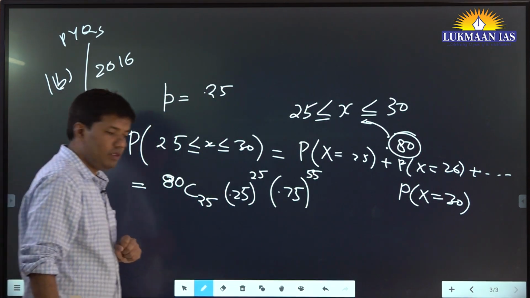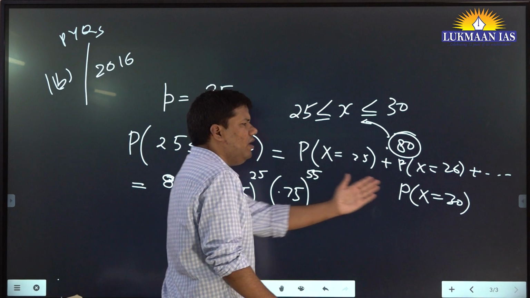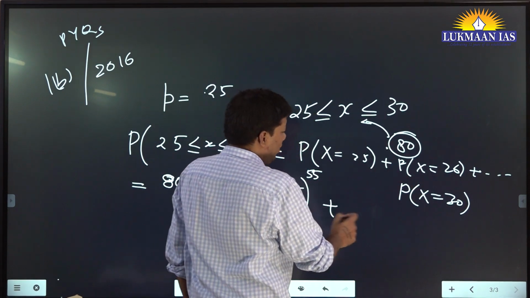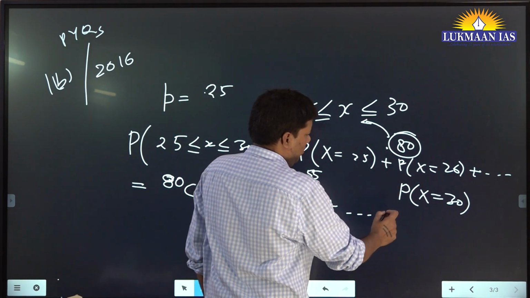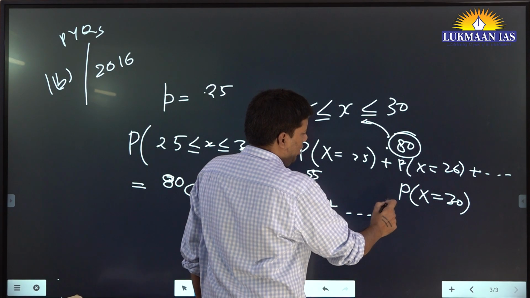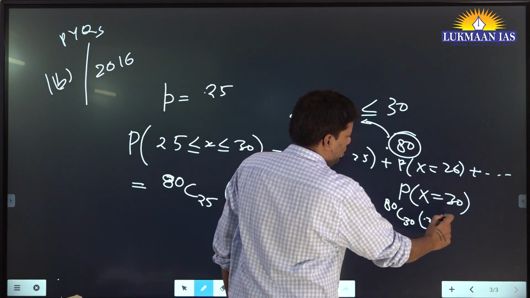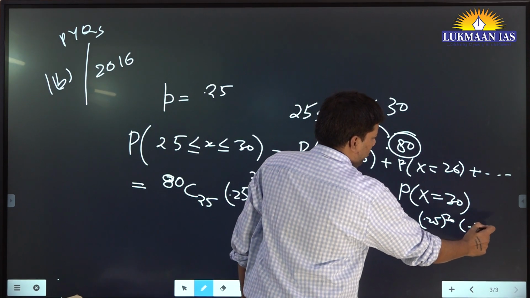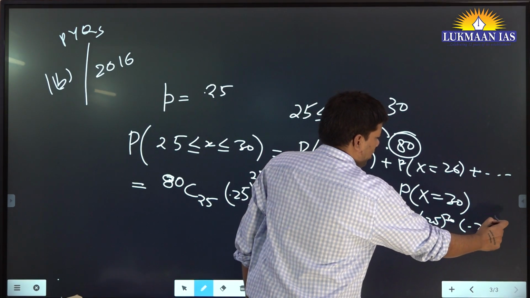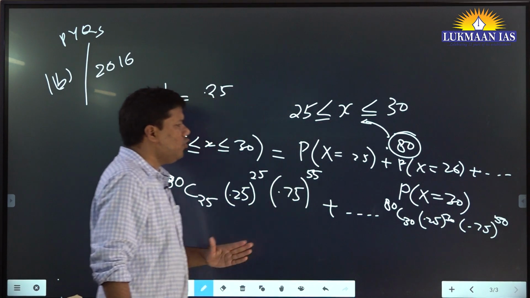This is your number. Similarly, you will write all the other numbers. Let me write the last one: 80 C 30, 0.25 power 30, 0.75 power 50, right? And you have the calculator, you will calculate it.